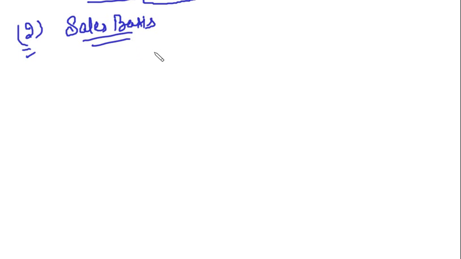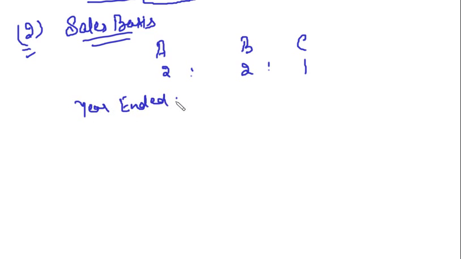There are three partners, A, B and C. They are sharing profits in the ratio of 2:2:1. Right? Year ended on 31st of March 2015. Clear?